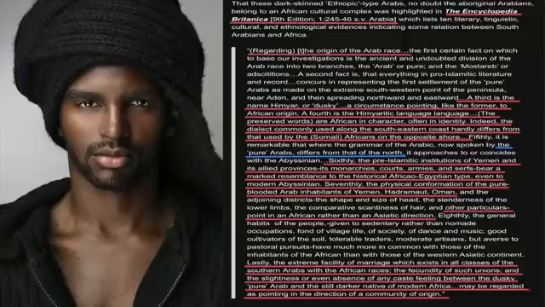Other particulars point in an African rather than an Asiatic direction. Lastly, the extreme fallacy of marriage, which exists in all cases of the Southern Arabs with the African races.